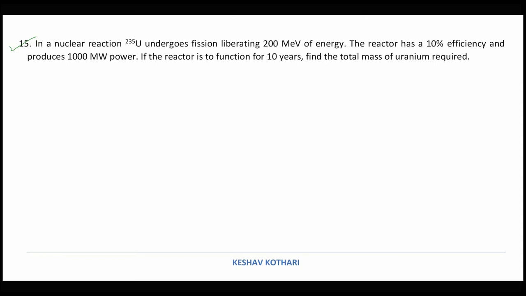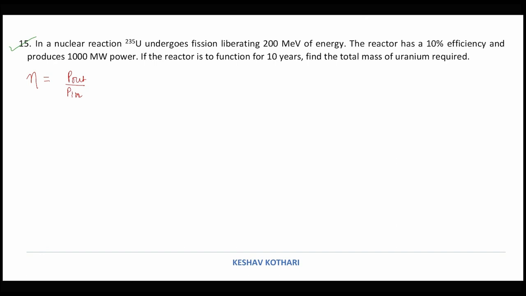So we begin with the formula for efficiency. Efficiency can be given as power output by power input. And in here, the question is saying that the efficiency is 10%.